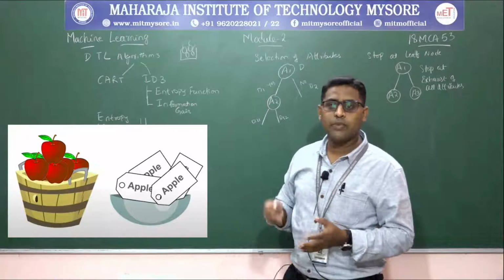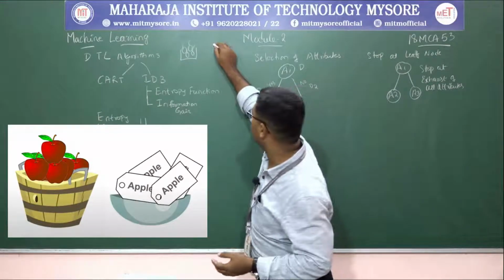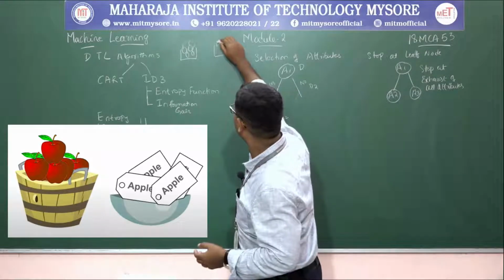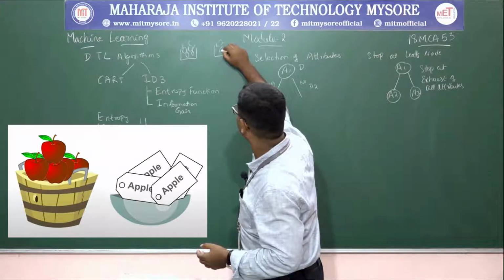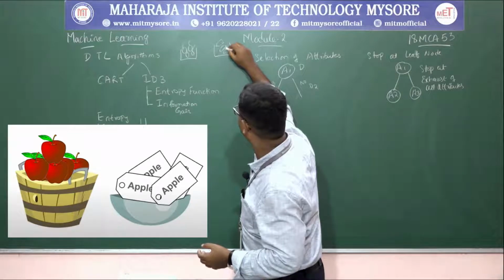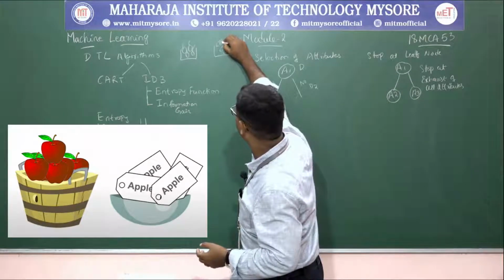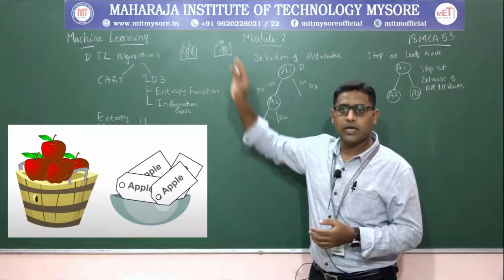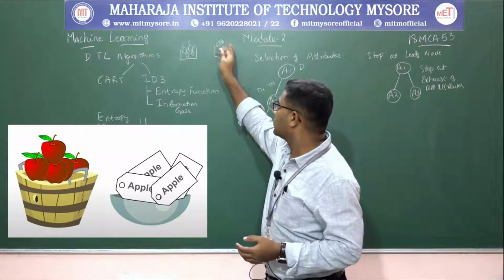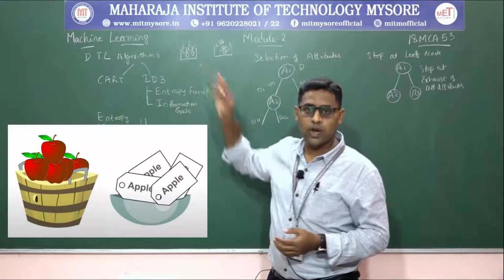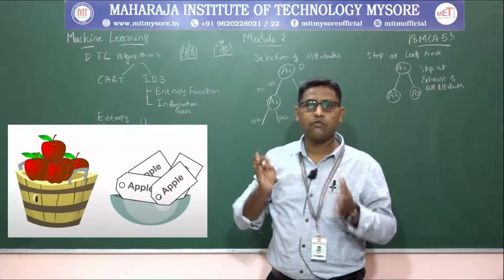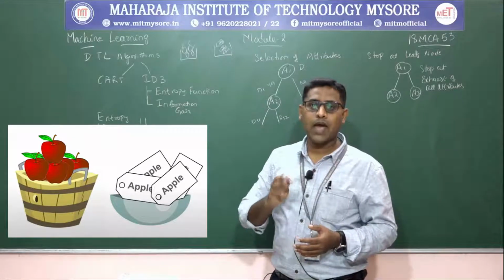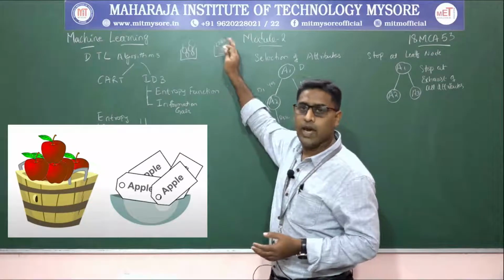In another basket you will be keeping labels. So in a fruit basket there will be 4 apples and in another basket there will be 4 labels. All the labels are labeled with the name apple.